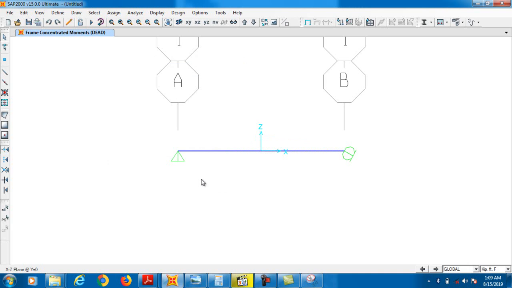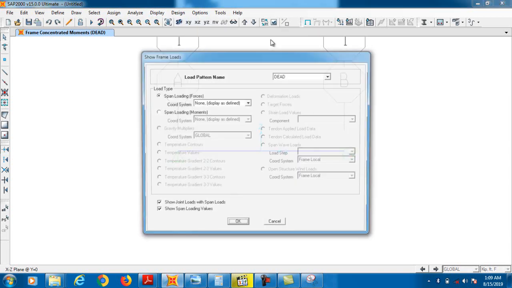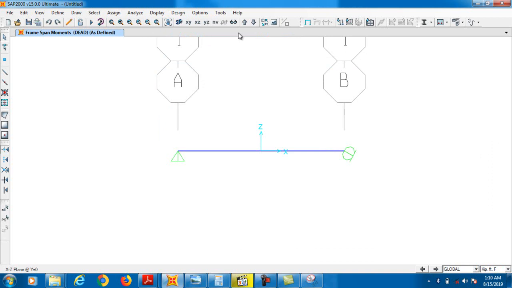If you want to check whether the loading is assigned or not, go to display, show loads, frame loads. There you have two options. If you want to see your moment, select this one and OK.